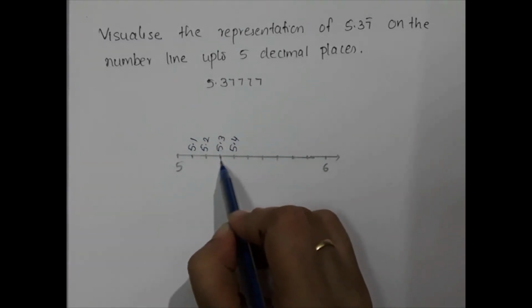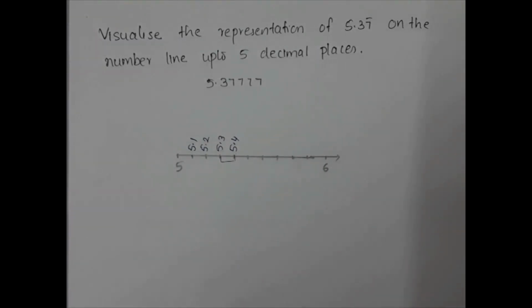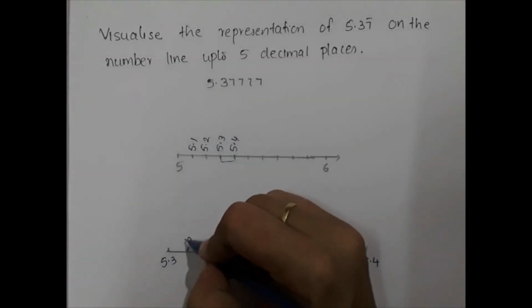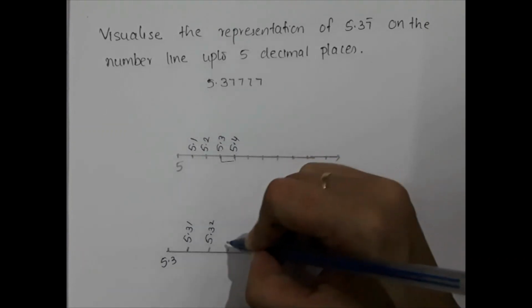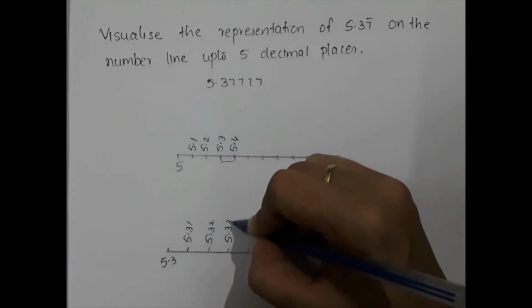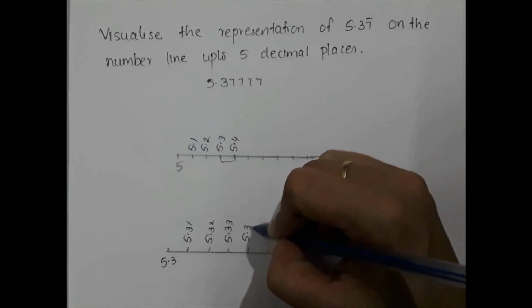This you have to magnify again. Before that, what you have to do is construct one more line. That is 5.3 and 5.4. The first point will be what? 5.31, then 5.32. Next point is 5.33. Next one is 5.34.